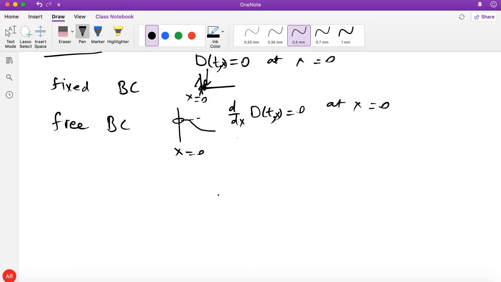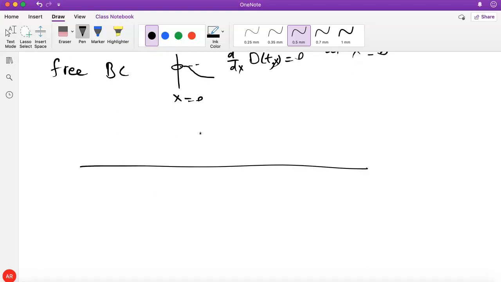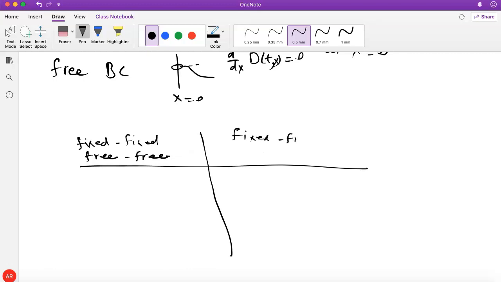Then we talked about what the frequencies are for which we can have standing waves with different boundary conditions. To summarize, we have two scenarios: either fixed-fixed, free-free, or fixed-free.